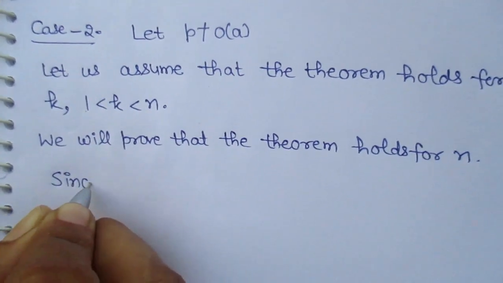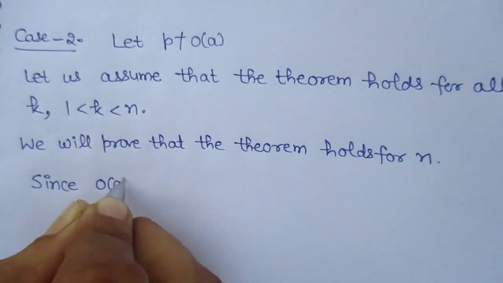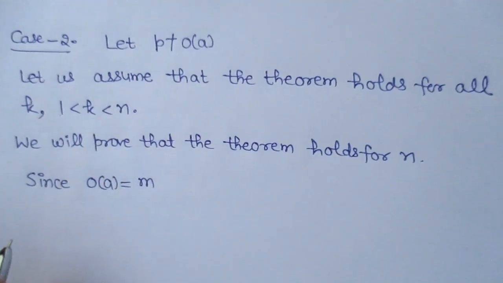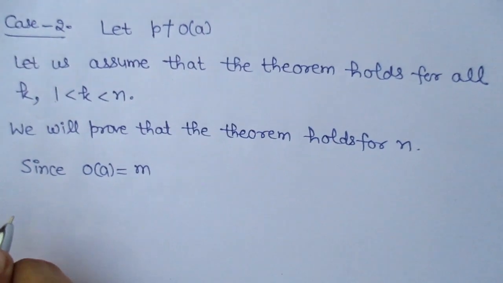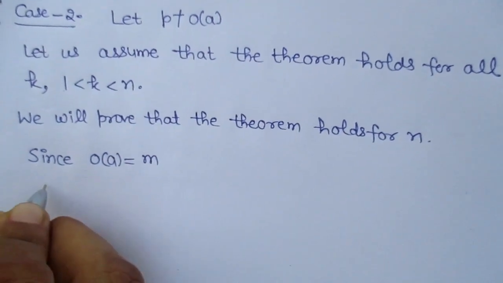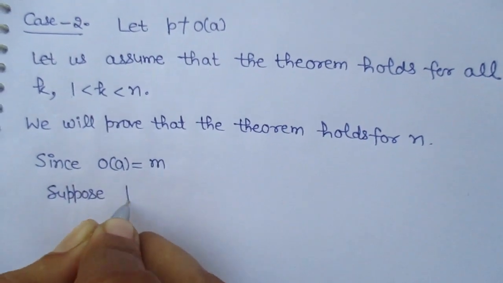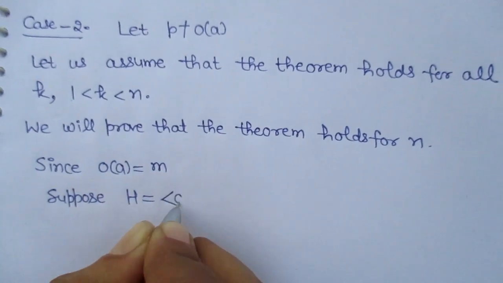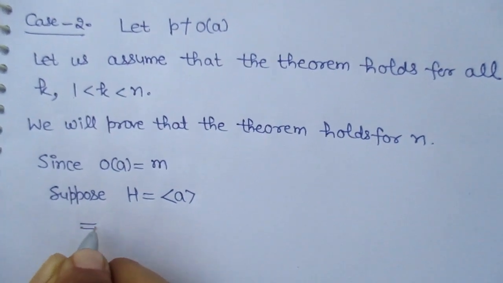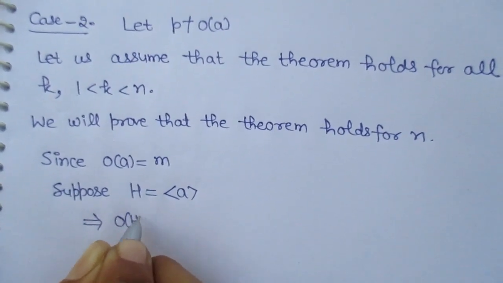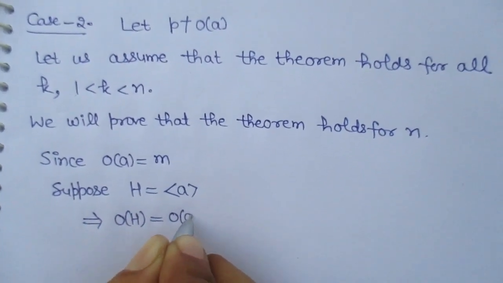Since order of a is equal to m, suppose H is generated by a, it implies order of H is equal to order of a is equal to m.